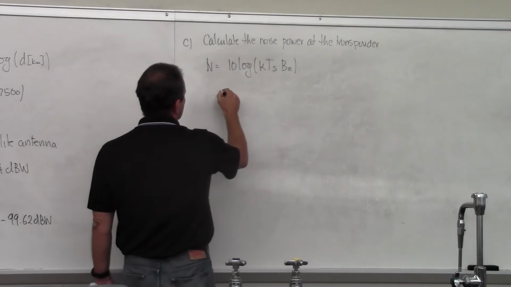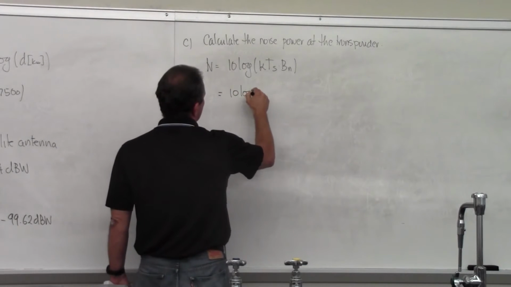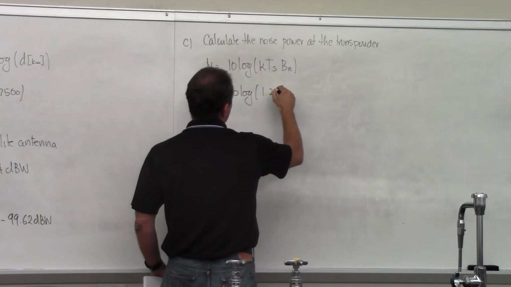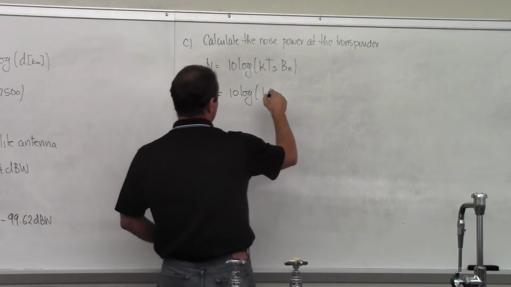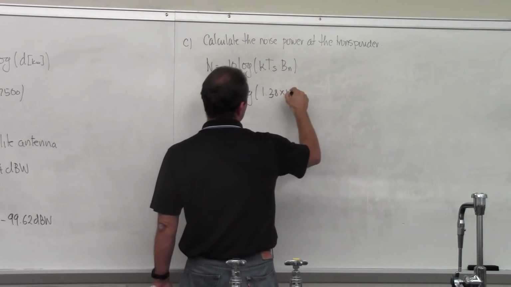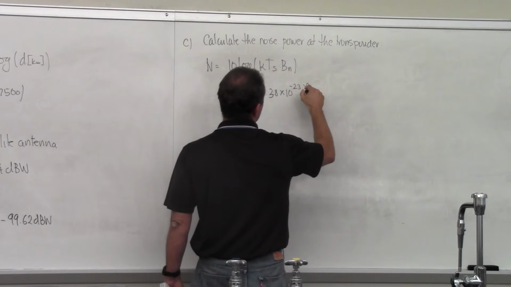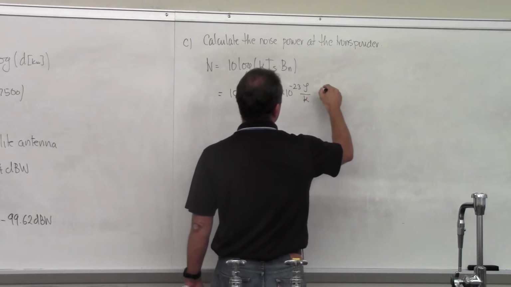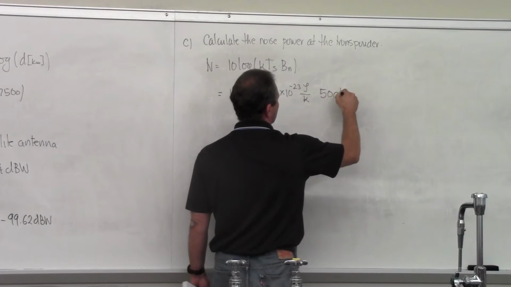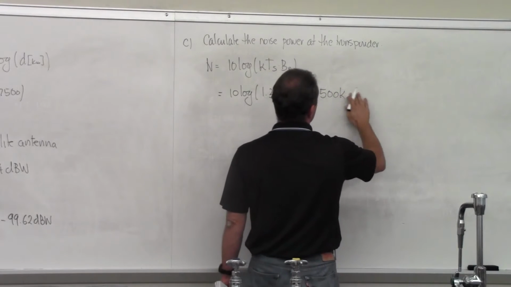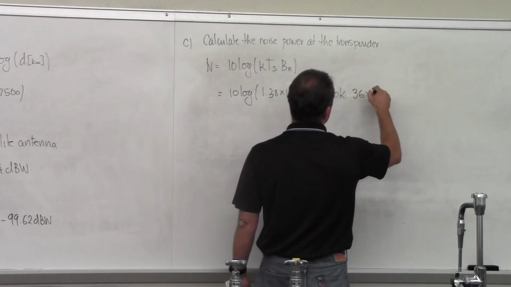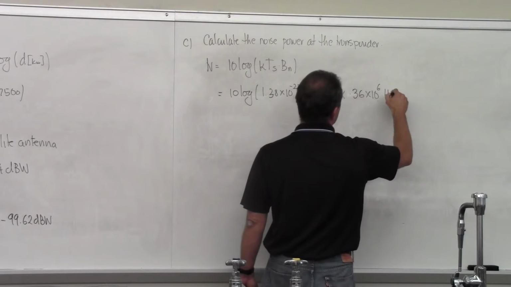In our case, this becomes 10 log of Boltzmann's constant, 1.38 times 10 to the minus 23 joules per kelvin, times the system noise temperature of 500 kelvin, times the noise bandwidth of 36 times 10 to the 6th hertz.